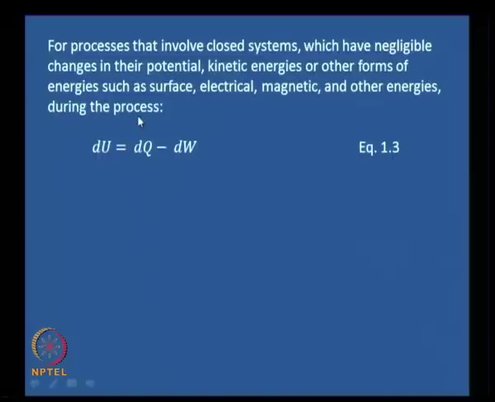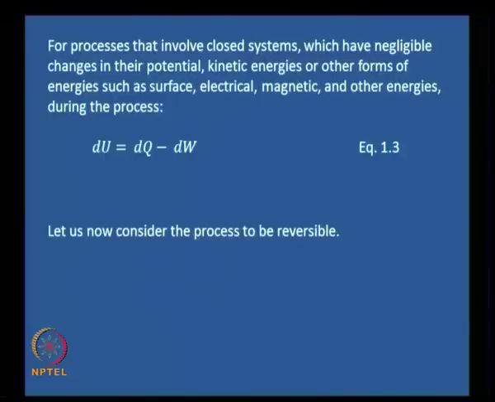During such a process, dU equals dq minus dw from the first law. Recall the first law for a closed system, and this is nothing but the differential form of the first law. The total differential of U equals the total differential of q minus the total differential of w. Recall that q is the heat interaction across the system boundary, w is the work interaction across the system boundary.